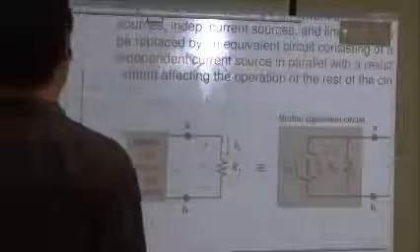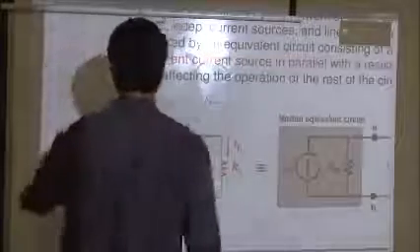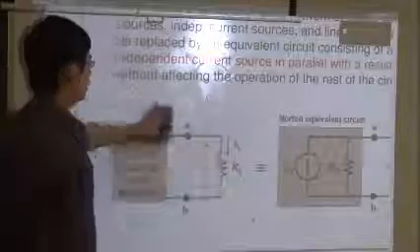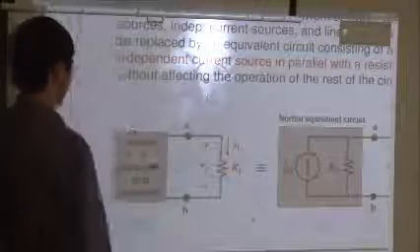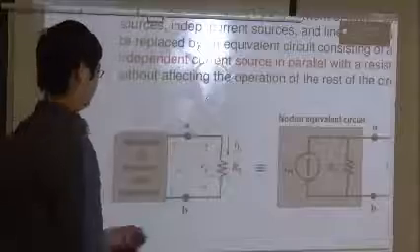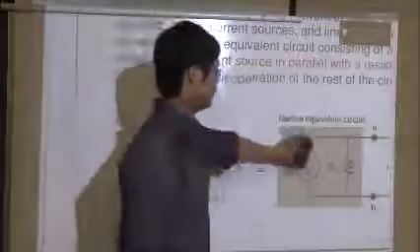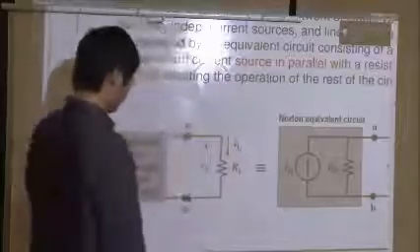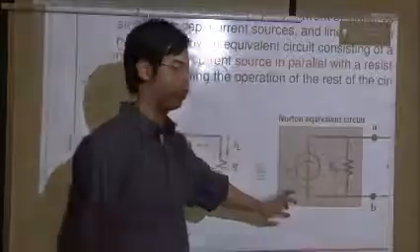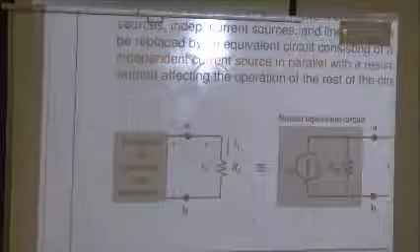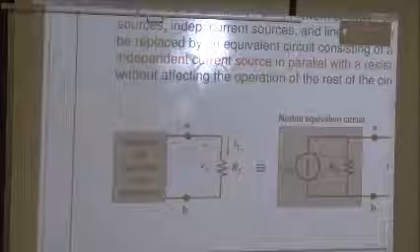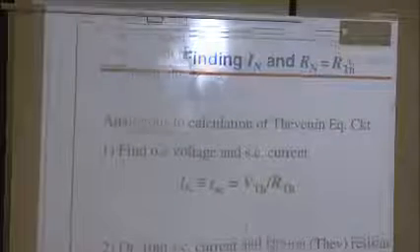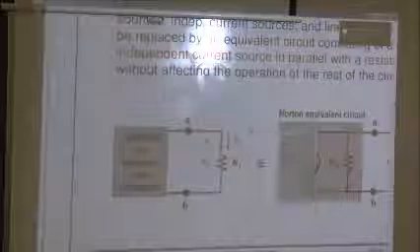The same situation happens if we have a Norton equivalent. The Norton equivalent is basically very similar. Only replace the ideal voltage source with the ideal current source, in parallel with the resistor. Okay, so same thing.